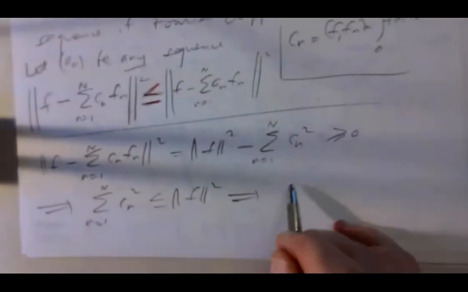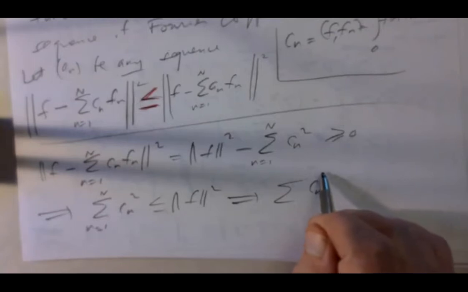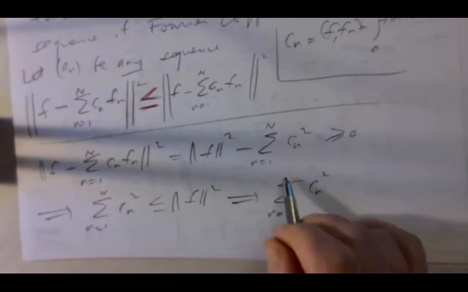And this is a square, so this is greater than or equal to 0. So the summation n goes from 1 to n of cn squared is always less than the norm of f squared. And this is true for all n. So if we take the infinite sum of these Fourier coefficients squared, the infinite series is less than the norm of f squared. And this inequality is called Bessel's inequality.